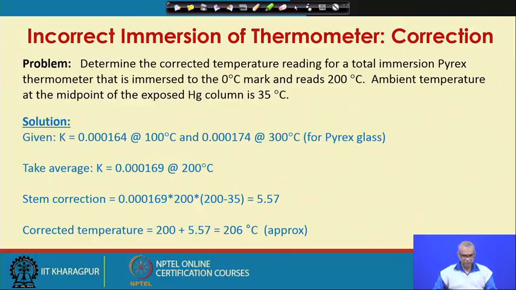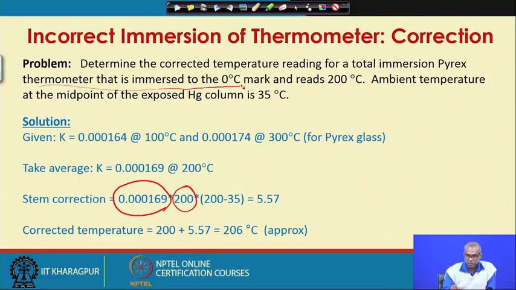So, the stem correction that is required is K times N, which is the length exposed expressed in terms of degrees. Look at here, the thermometer is immersed to 0 degree Celsius mark and reads 200 degree Celsius.